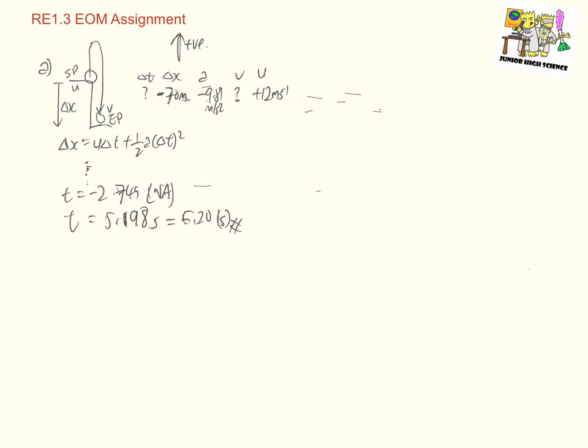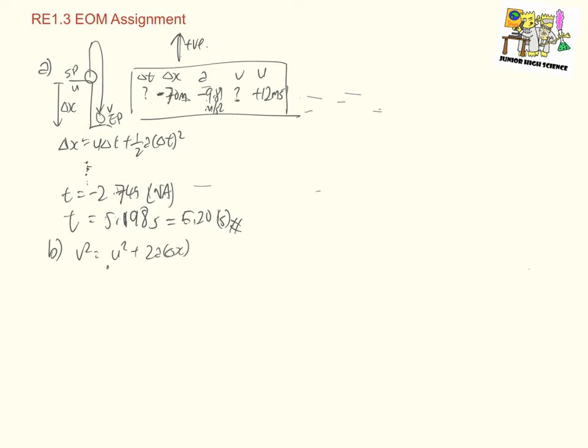So for part B, we will use back the same diagram, the same starting point and ending point, and therefore our table of quantities will still remain. So to find the final velocity just before the ball hits the bottom of the cliff, I will use this equation: v squared equals u squared plus 2a displacement.